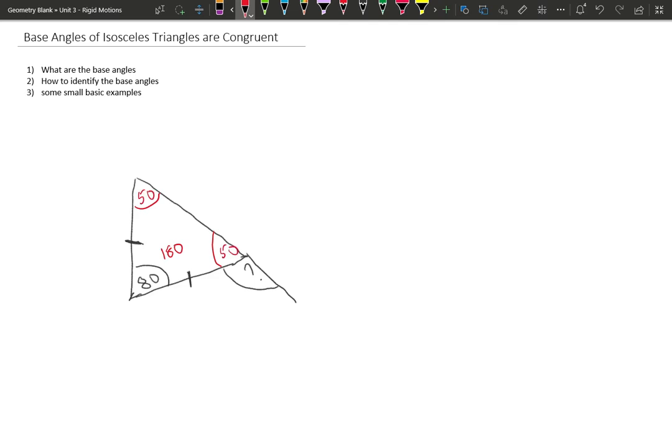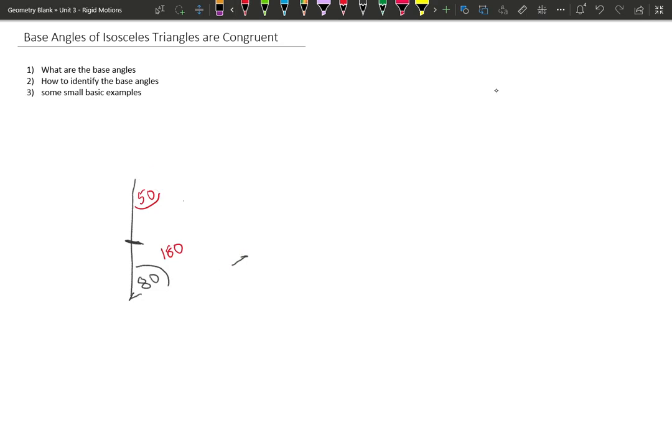And if that's 50, well, two angles that form a straight angle must add up to 180, so this angle over here is 180 minus 50, which is 130. This is really the goal, to just get to understand that the base angles are congruent.